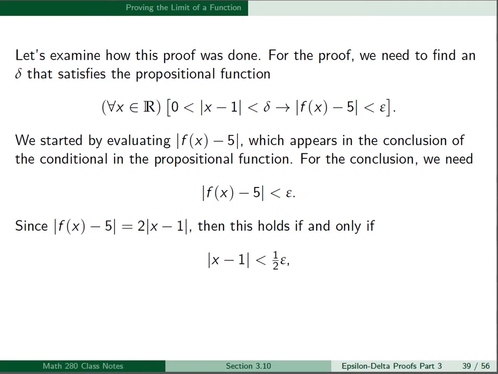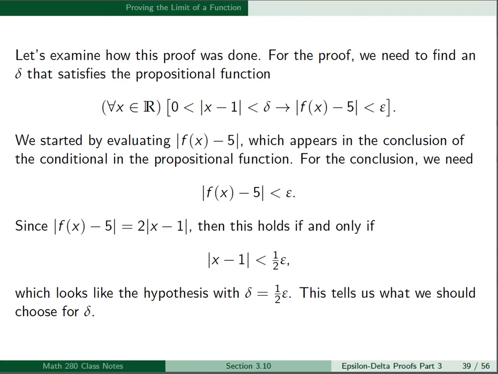And so since |f(x) - 5| is 2 times |x - 1|, then this holds if and only if |x - 1| is less than 1/2 epsilon, which looks like the hypothesis with delta replaced by 1/2 epsilon. And this tells us what we should choose for delta.